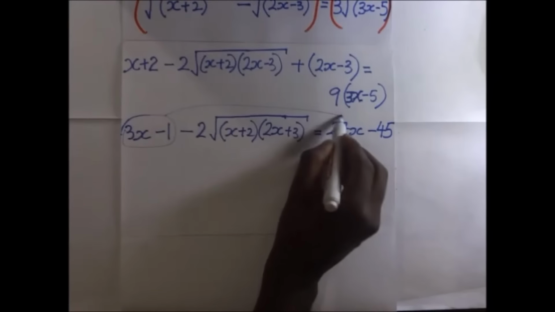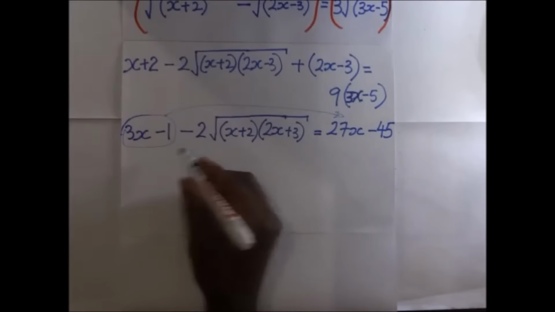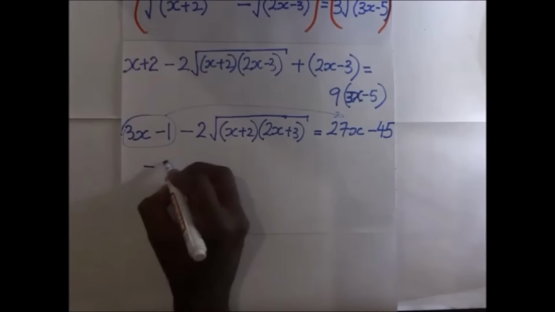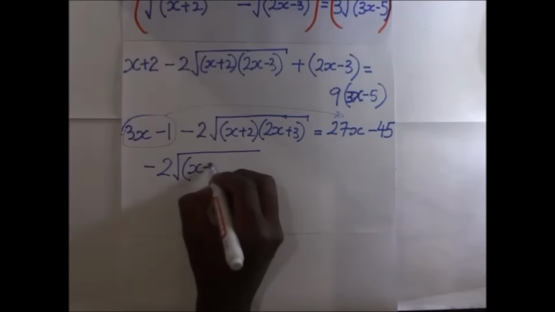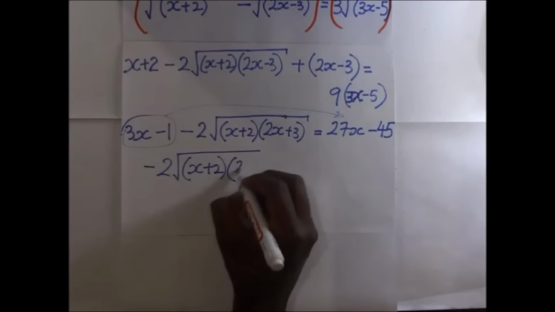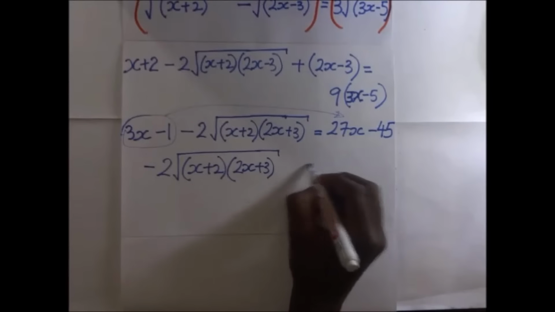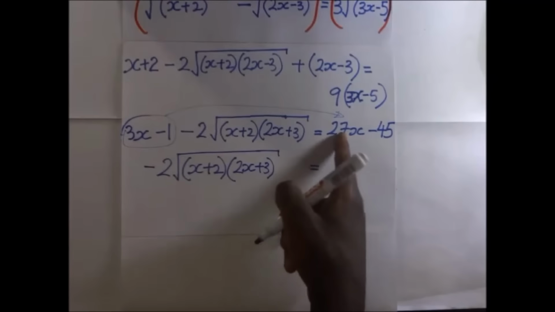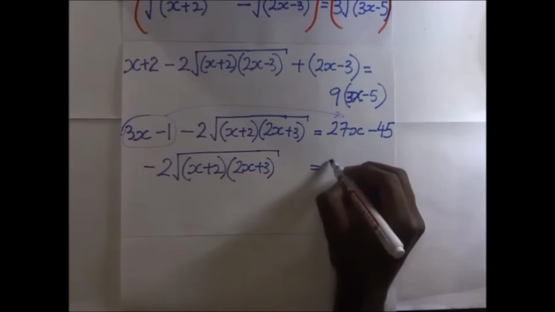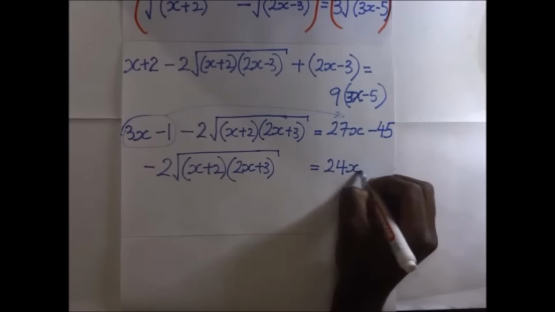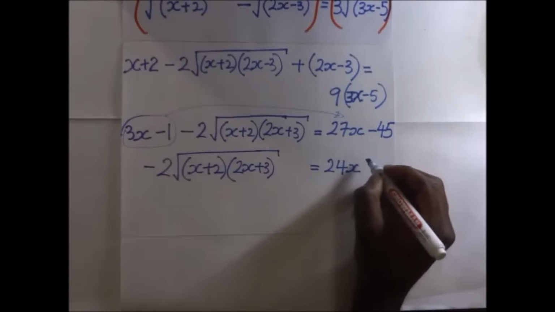It moves to that side of the equation, so that we remain with only the square root term this way. So this way it remains as negative 2 into the square root of x plus 2 into 2x minus 3 is going to give us, now 27 minus 3x is going to give us 24x. Then negative 5 plus 1 is going to give us minus 44.